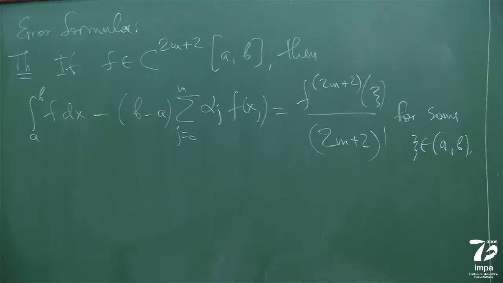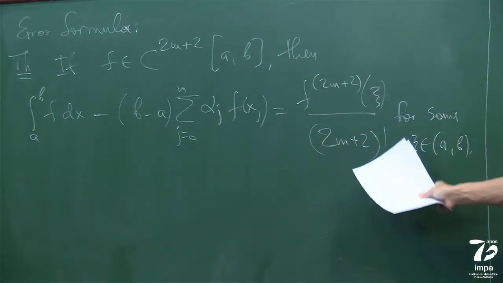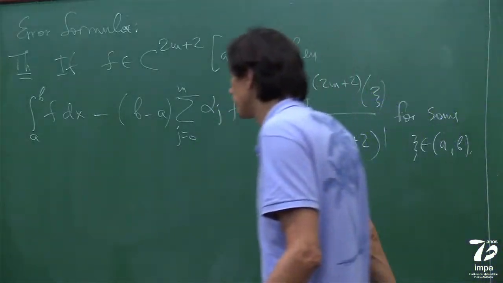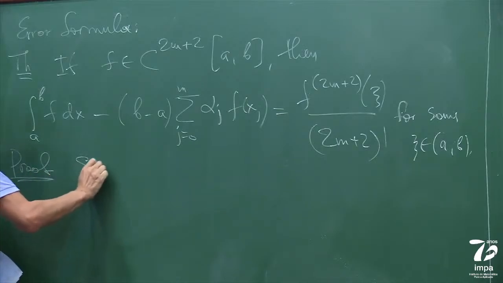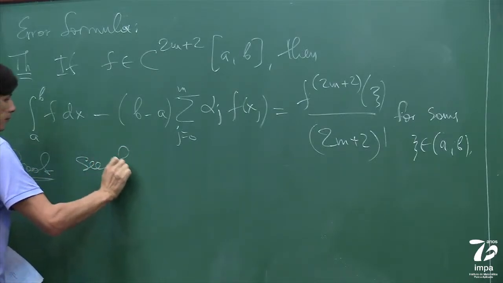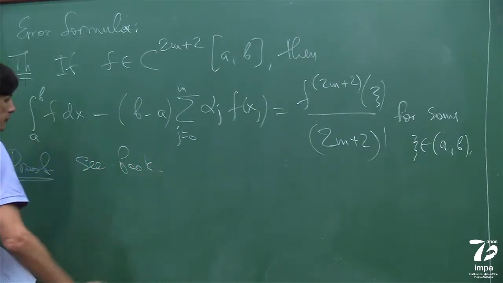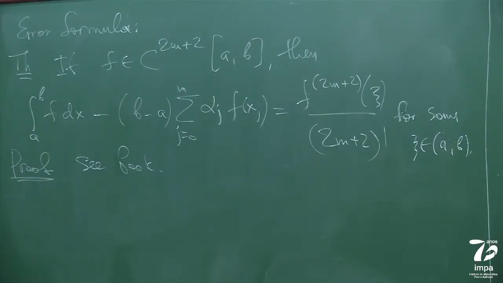So if you have an estimate for the derivative, you have an exact estimate for the error of your integration. The proof, see the book. Okay, this is all right.